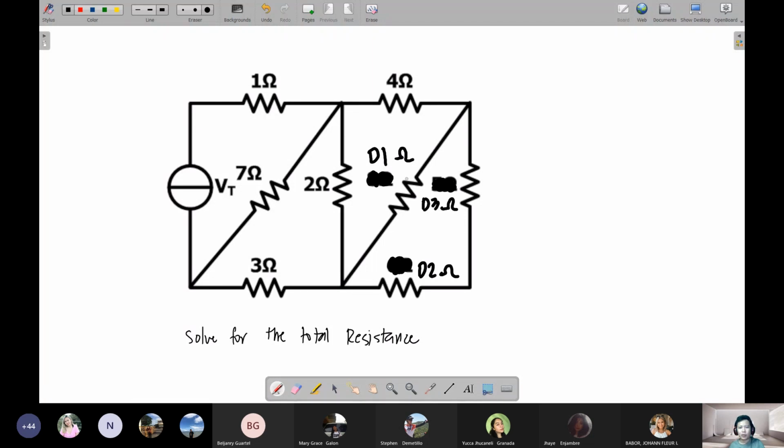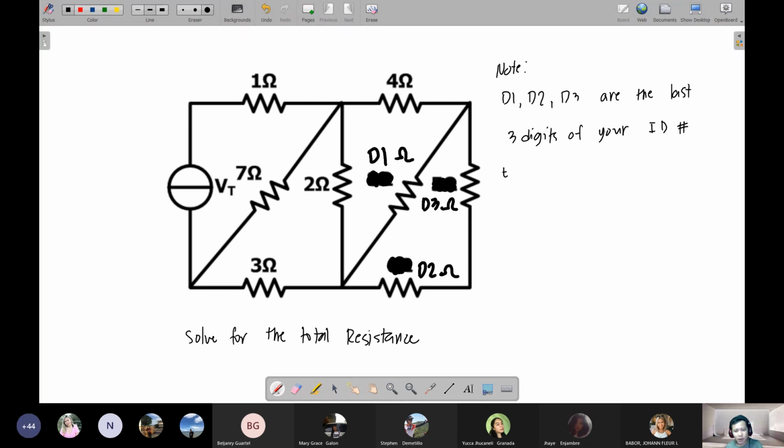ohm. Now, what are D1, D2, and D3? Okay. Note: D1, D2, D3 are the last 3 digits of your ID number.